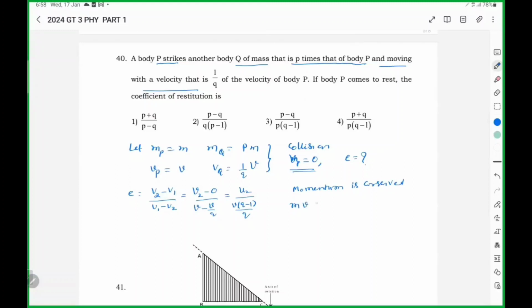So the momentum of the first body plus the momentum of the second body, the momentum of the first body after this collision, the momentum of the second body after. So M into Q plus P by Q of V equals Pm into V dash. V dash will be Q plus P into V by QP. So V dash is nothing but the velocity of the second body after collision.